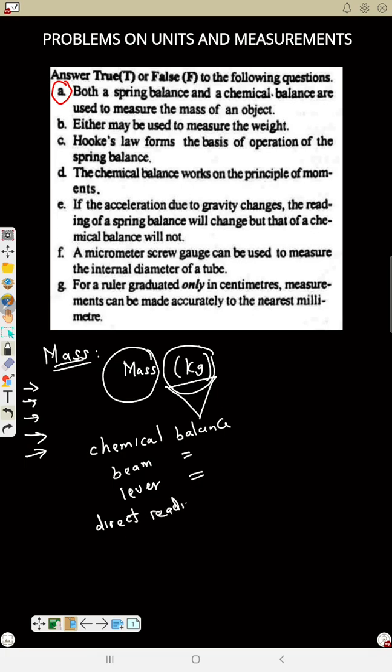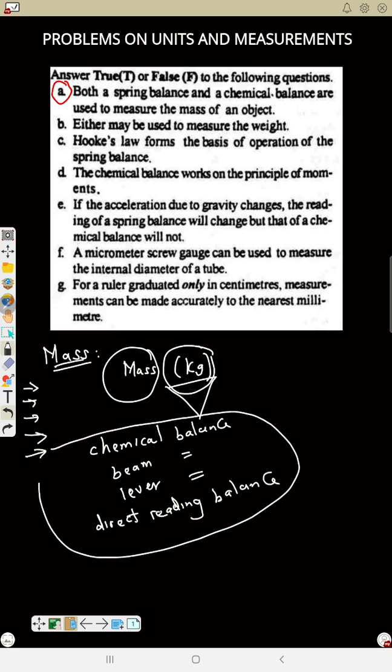These are the instruments we can use to measure mass: chemical balance, beam balance, lever balance, and direct reading balance. Now, let's talk about weight before we go back to the question.